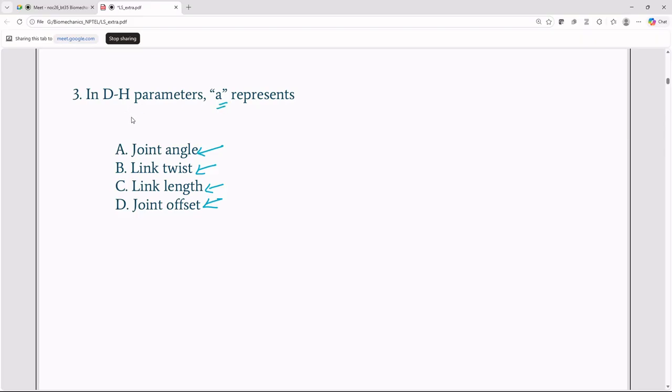Option A, joint angle. Option B, link twist. Option C, link length. Option D, joint offset.